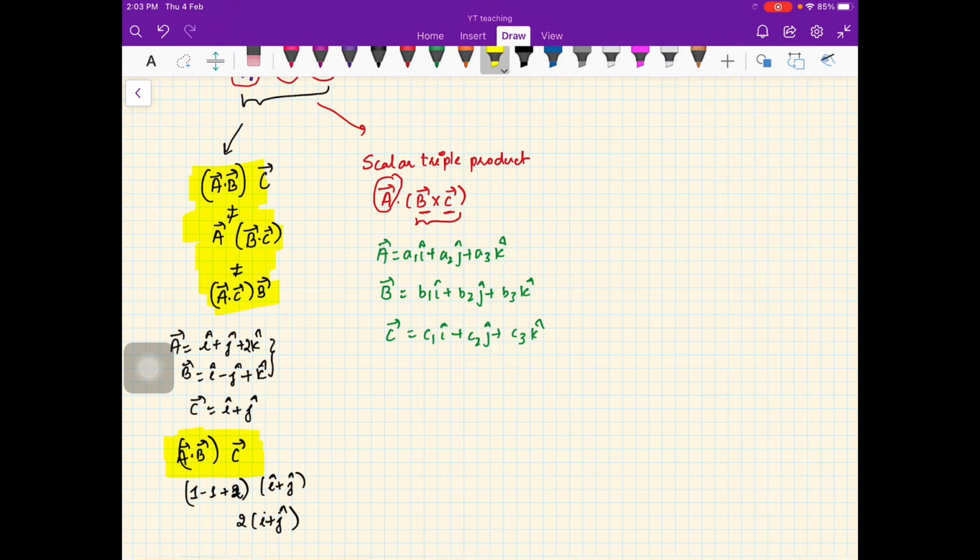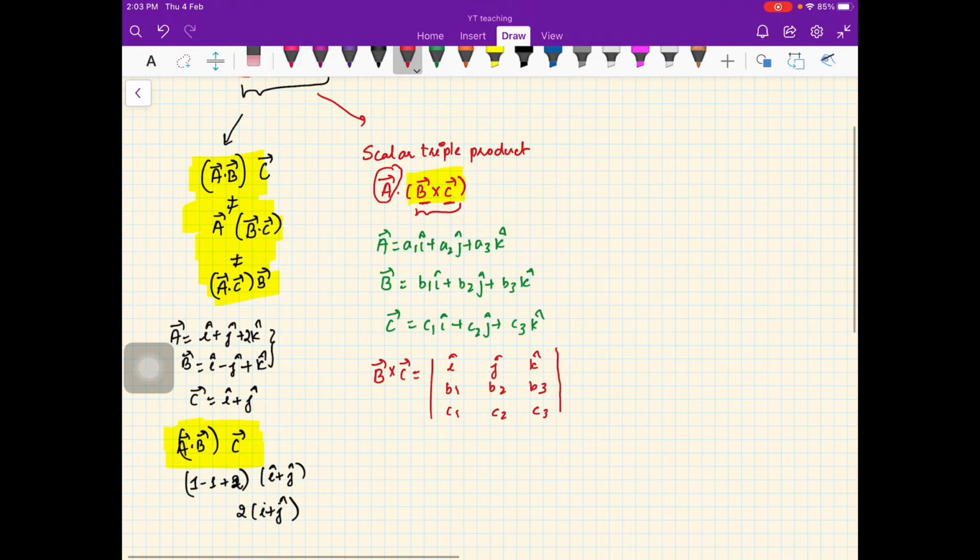Of course you can first find B cross C. For that, as you already know, you will make the determinant we discussed in the last video, with rows B1 B2 B3 and C1 C2 C3, right? And then whatever vector you get, you do the dot product with A. It turns out that the final thing you get will be the determinant with rows A1 A2 A3, B1 B2 B3, C1 C2 C3, right?